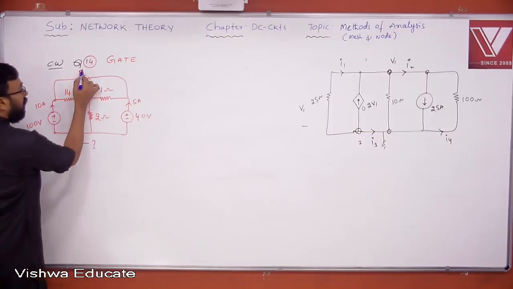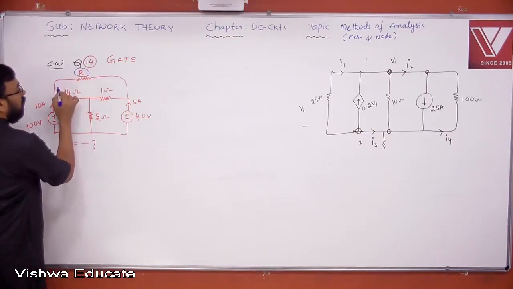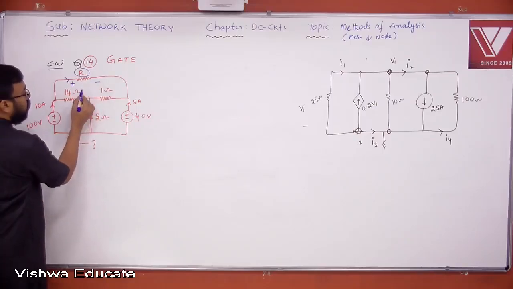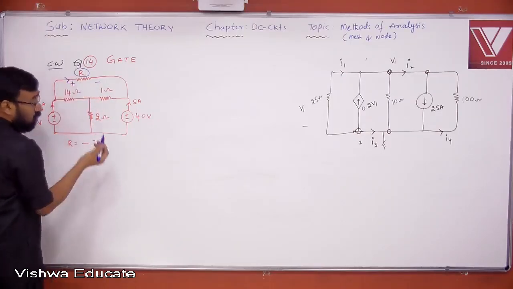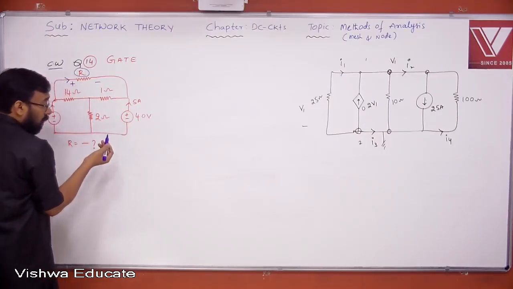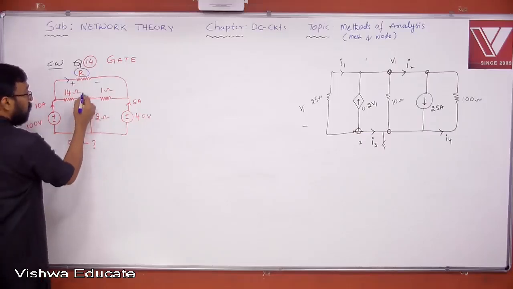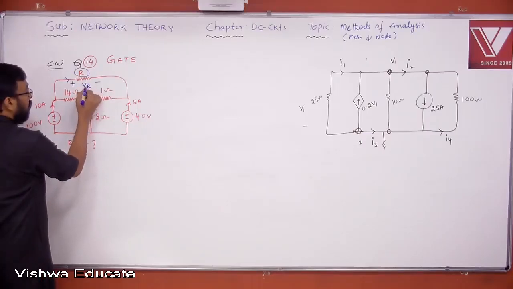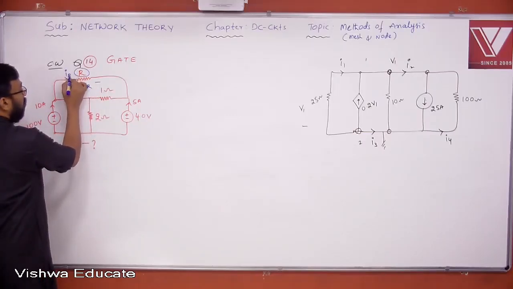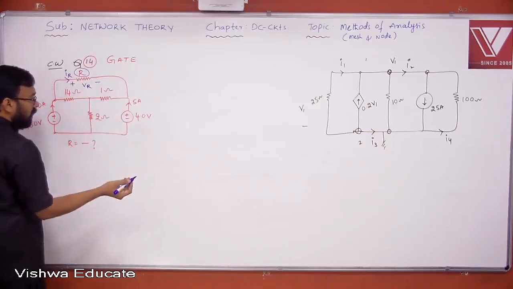We want R, right? That means we require current and voltage, so that this voltage by this current will give us resistance, yes or no? So this is VR, let us say. This is IR, let us say. VR by IR will give you R, that's it.